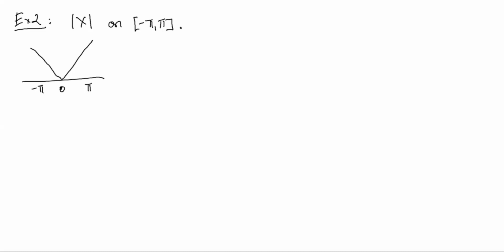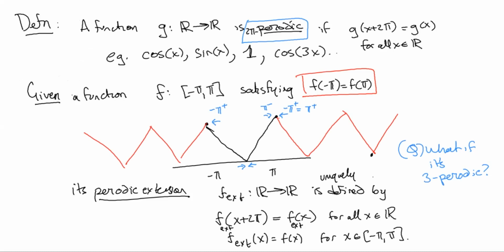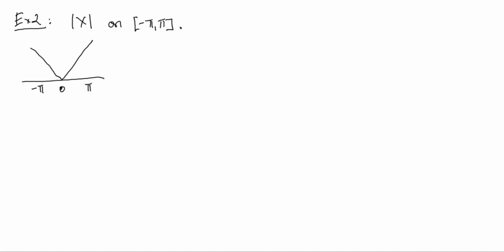We actually drew its periodic extension right here. What's its Fourier series? Well, this is an even function, so the b_n are just going to be 0 because it's an even function, right? Sine is an odd function. And the a_n, let's calculate them. Well, there's a formula for them.